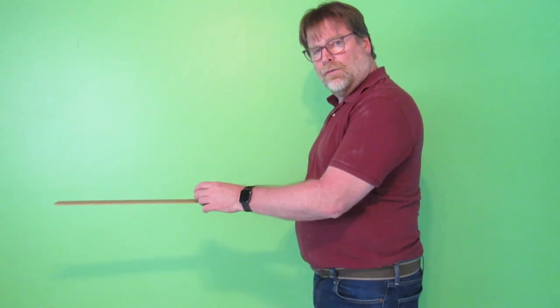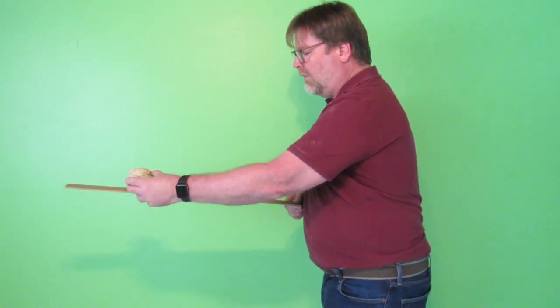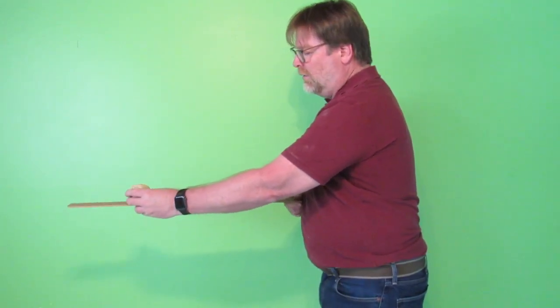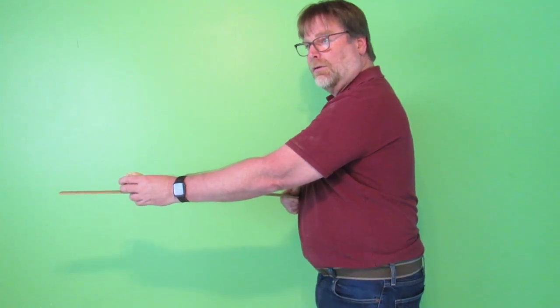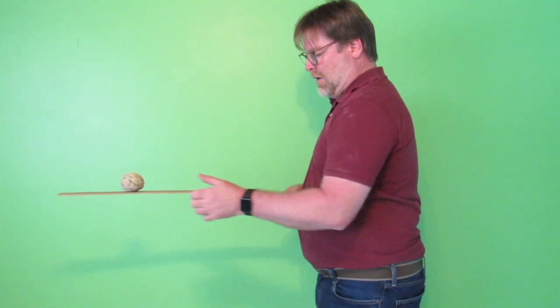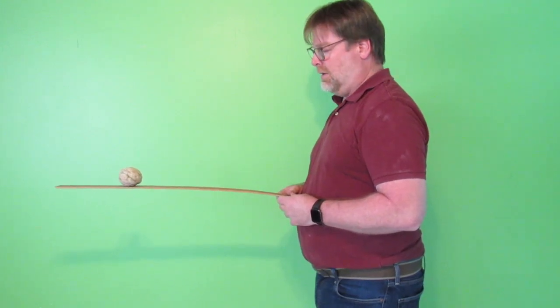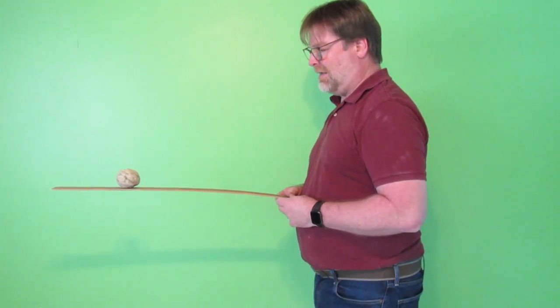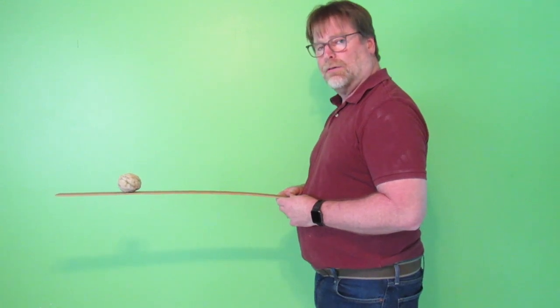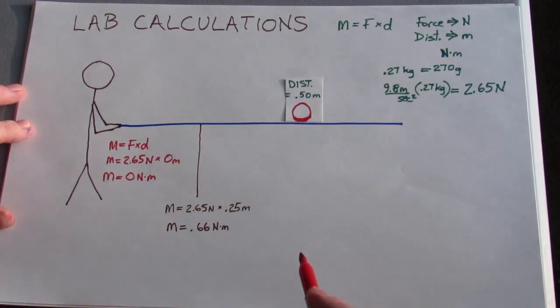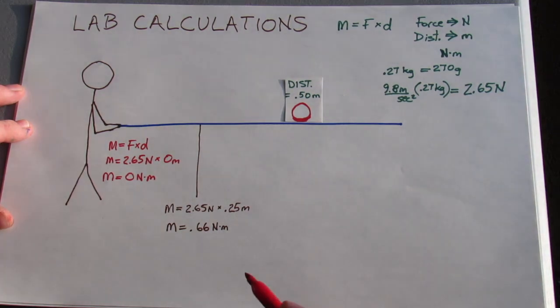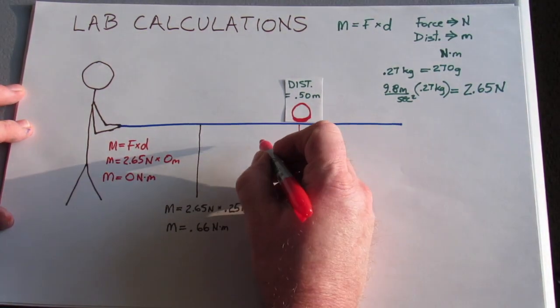And now we're going to move this out to the 500 millimeter mark, which is 50 centimeters. Oh, that's quite a bit more difficult. So let's take that force times distance and calculate the moment here. At half a meter, or 50 centimeters, or 500 millimeters, place my rock.